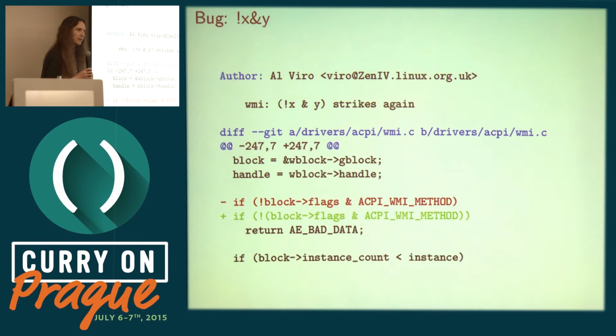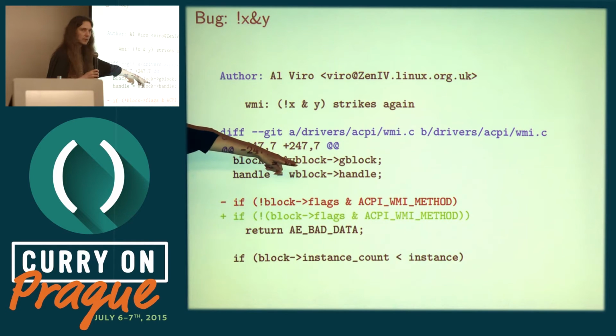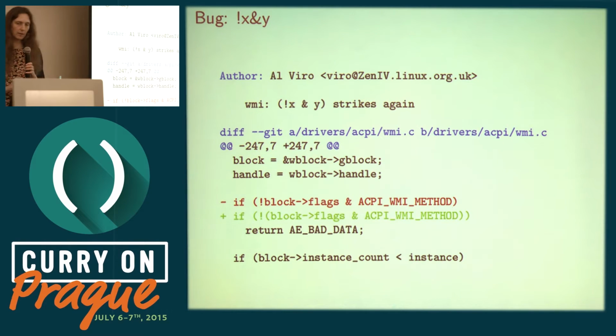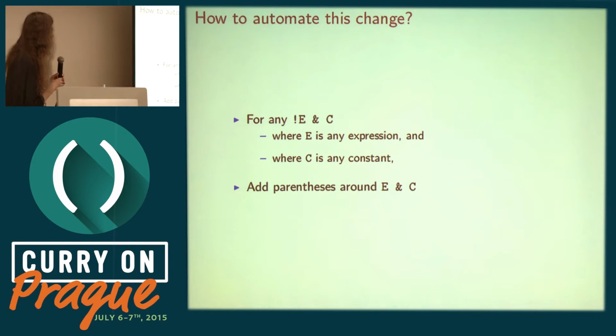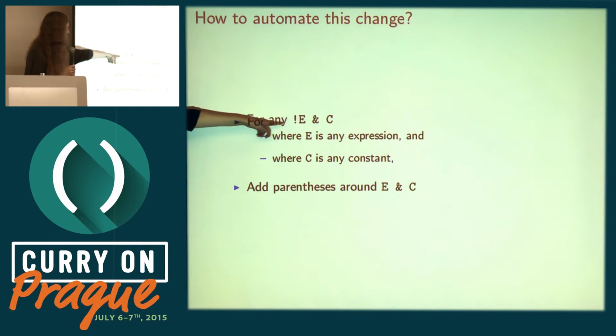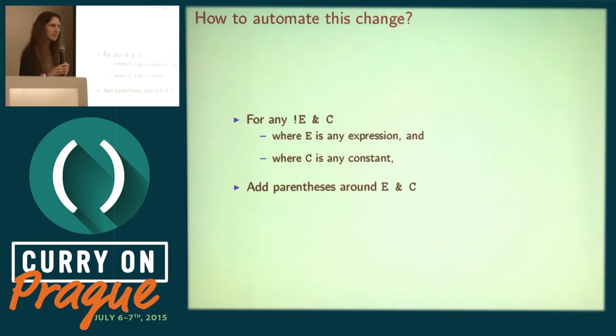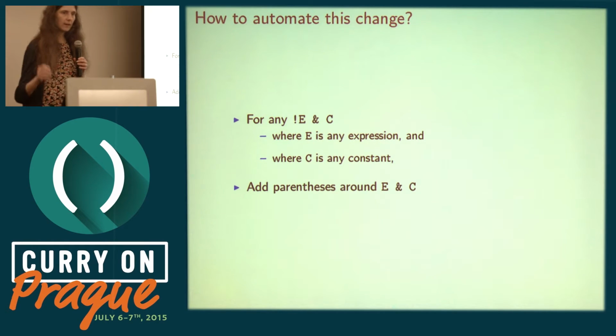That's the thing you're interested in studying. And the other thing is typically just a constant. That's the bit mask that you're interested in comparing against. So basically for any pattern that has this form, exclamation point E and C, where E is an arbitrary expression and C is a particular constant, we would like to add parentheses in the right place. So that's our idea of what we want to do.